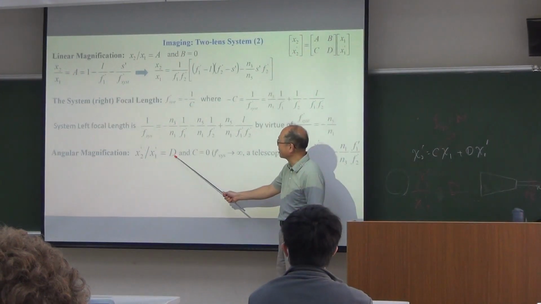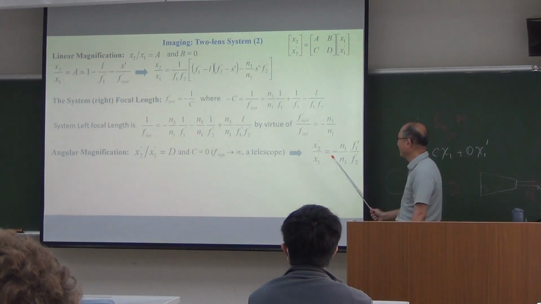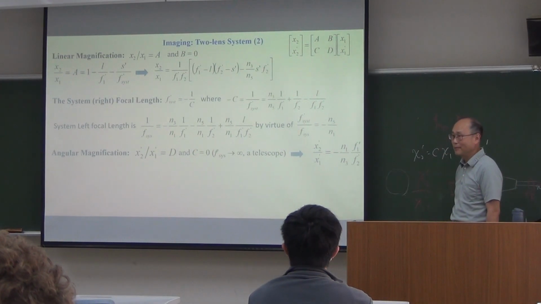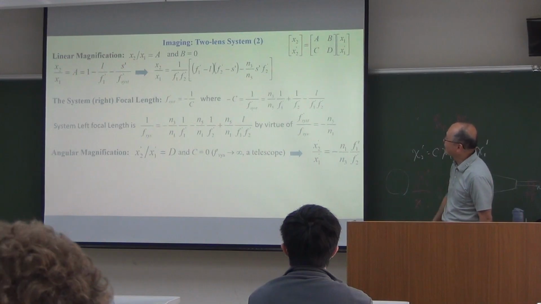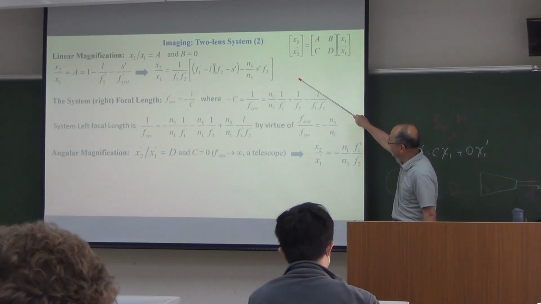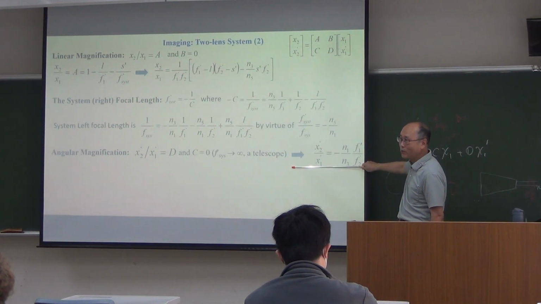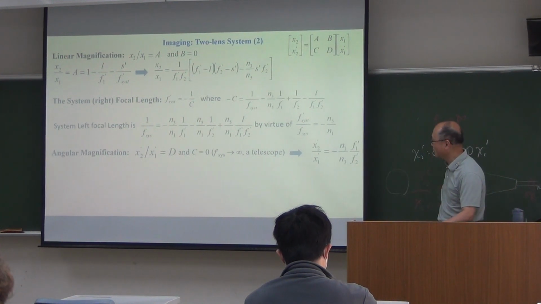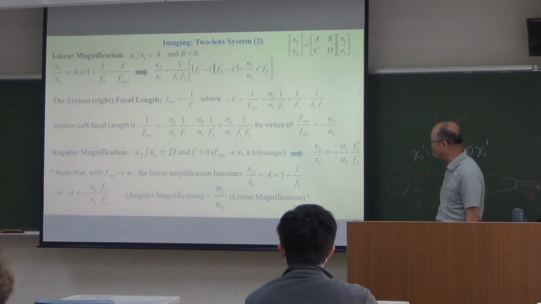Then you just copy the D from the last page to get your angular magnification. And this is interesting enough. If you compare the linear magnification and also angular magnification, you end up having a result that is quite useful and also conceptually interesting.